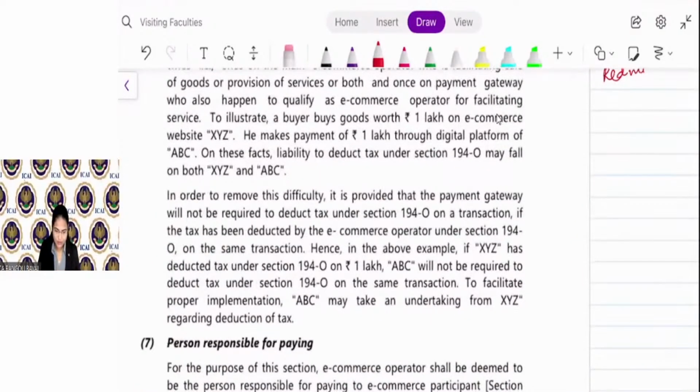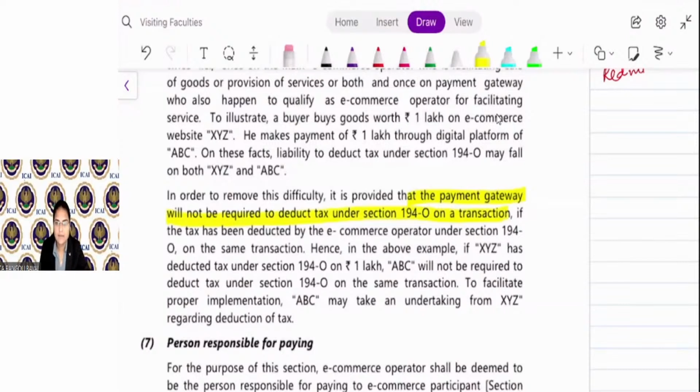In order to remove this difficulty, it is provided that the payment gateway will not be required to deduct tax under section 194O on a transaction. That is, Google Pay is not required to deduct tax under section 194O if the tax has been deducted by the e-commerce operator under section 194O on the same transaction.